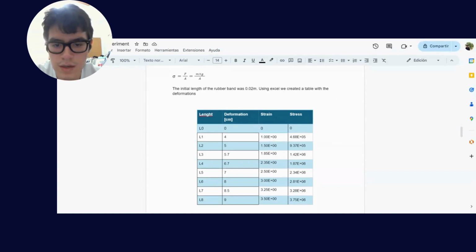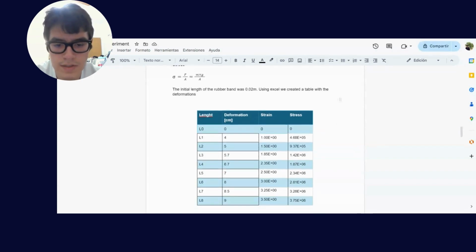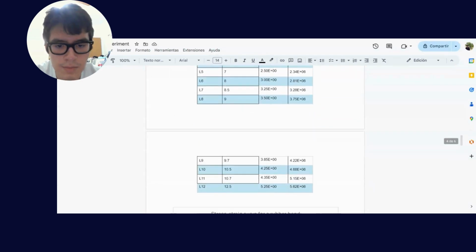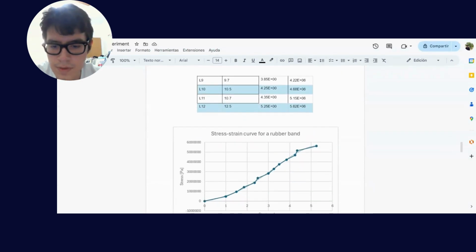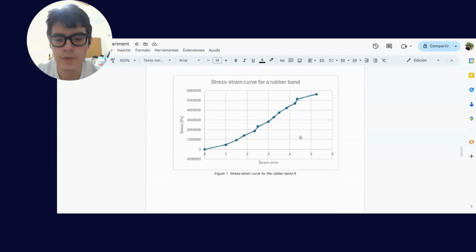For the strain, we use the formula for each deformation that we measured, and for the stress we multiply the mass of the disk times the gravity times the number of disks that we use, divided by the area, and we obtain these values. They're in pascals, and with them we created a stress strain curve for rubber band A.